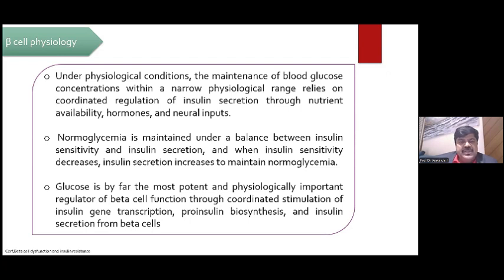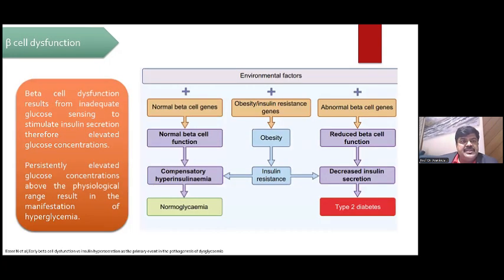When insulin sensitivity decreases, insulin secretion increases to maintain normoglycemia. Glucose is by far the most potent and physiologically important regulator of beta cell function, through coordinated stimulation of insulin gene transcription, proinsulin biosynthesis, and insulin secretion from beta cells.